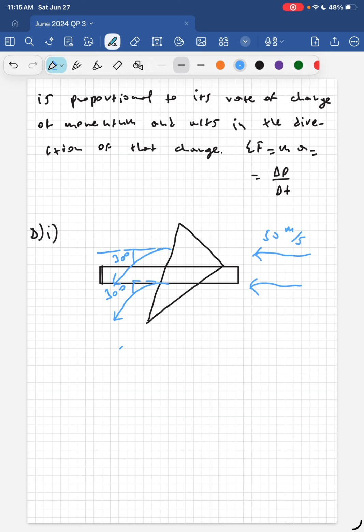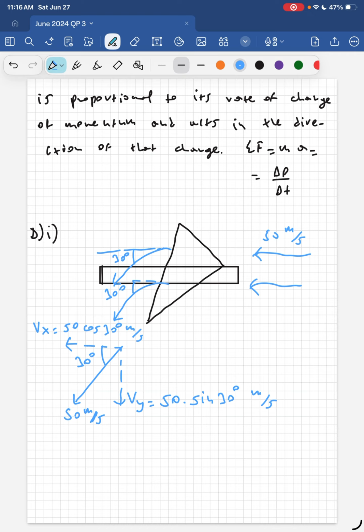So if you want to draw it as a vector, you have the magnitude as 50 meters per second, and that's the 30-degree angle. So Vy is going to be 50 times sine of 30 meters per second, and Vx is going to be 50 cosine of 30 degrees meters per second. And the reason why it's cosine is because Vx, the x component of the velocity, touches the angle, whereas the y component does not touch the angle.